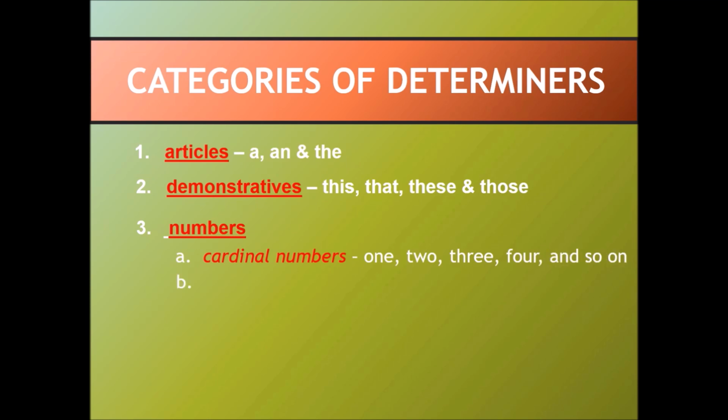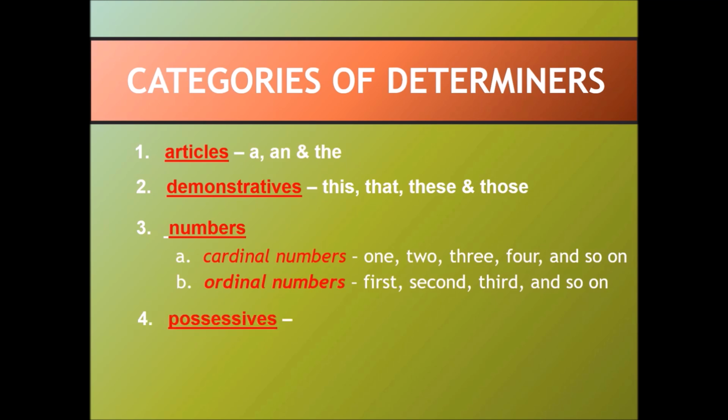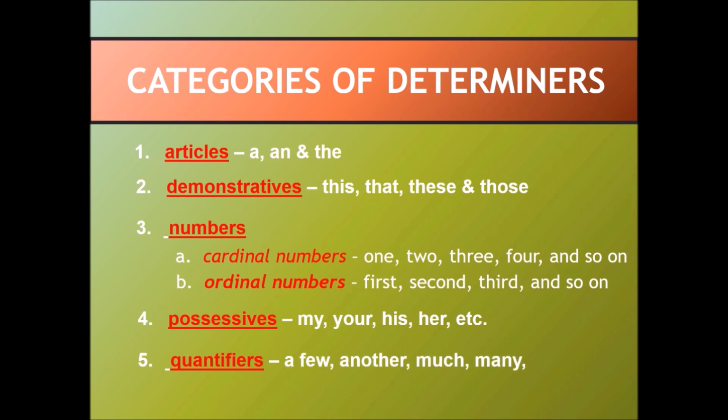Then the ordinal numbers with examples first, second, third, and so on. The fourth group of these categories are the possessives. Examples are my, your, his, her, etc. The fifth one is the quantifiers. Examples are a few, another, much, many, any, several, a lot, very, etc.